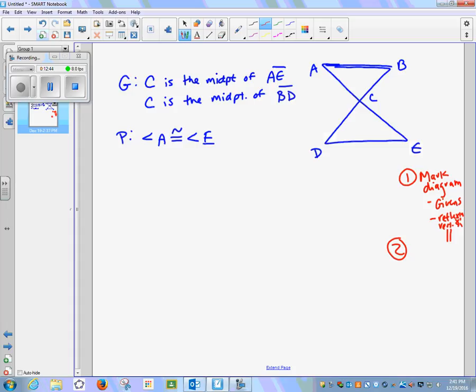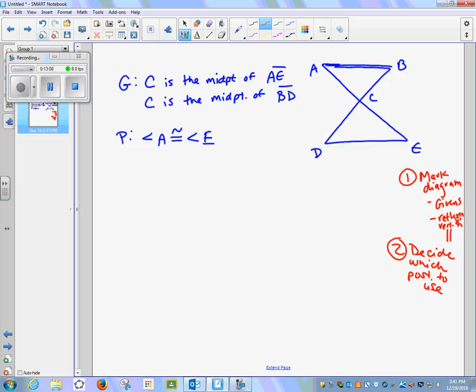Those are our choices here. So the next thing we want to do here is decide which postulate to use. That's really the next thing you want to do. Before you start writing, notice I didn't start writing a proof yet. Decide what postulate you want to use because that's going to determine what your steps look like.